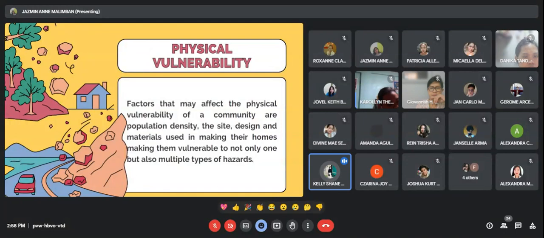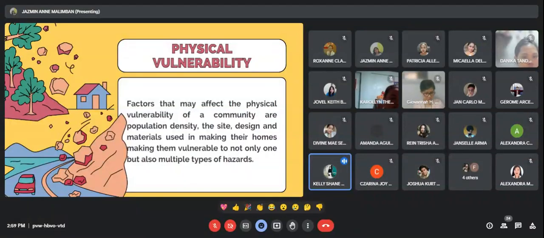So here po, meron tayong types ng vulnerability. So first is the physical vulnerability. So here, the factors that may affect the physical vulnerability of a community are population density, the site, design, and materials used in making their homes, making them vulnerable to not only one but also multiple types of hazards.